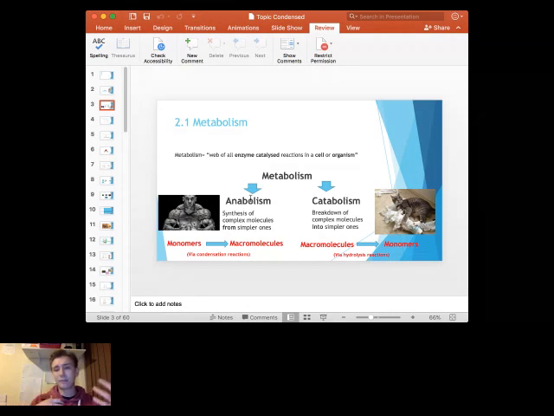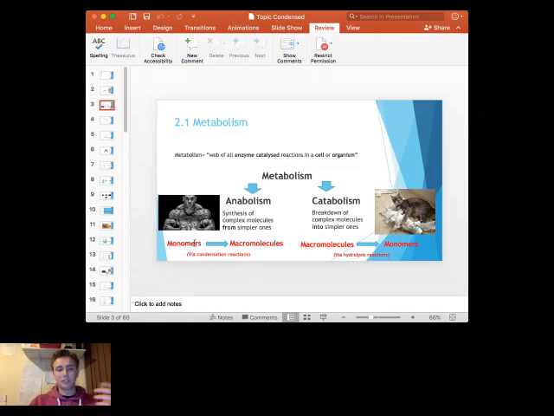The way I like to remember the difference between the two is that someone using anabolic steroids is trying to become very big, right? As you can see in the image here on the left. Whereas a cat would be the kind of person that breaks down a sofa or tears things apart, right? So that's an easy way to remember the difference between the two.